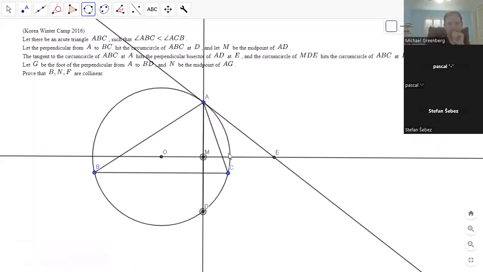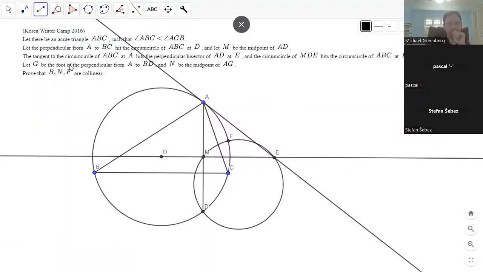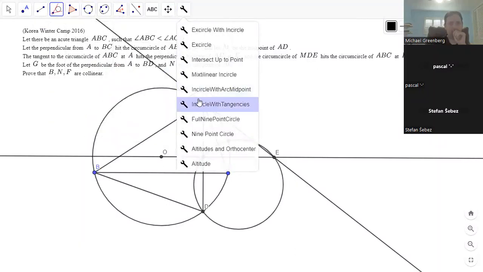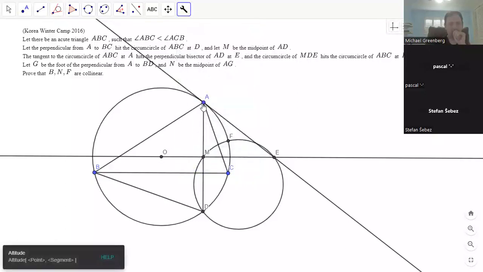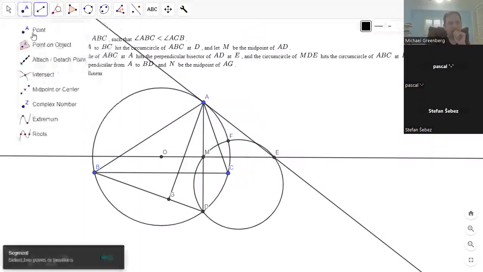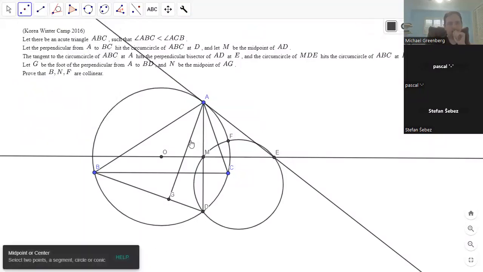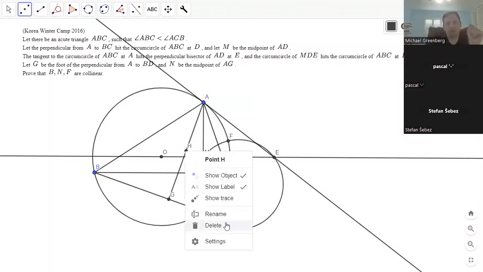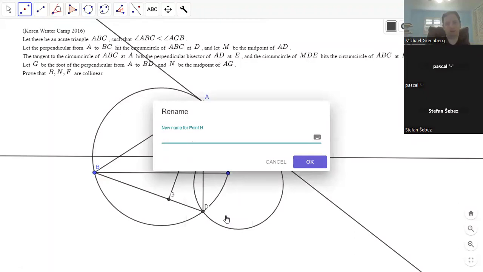And this is F. And then G is the perpendicular from A to BD, and N is the midpoint of AG. I think I have an altitude tool. Yes. N is the midpoint. So we want to show that B, N, and F are collinear.